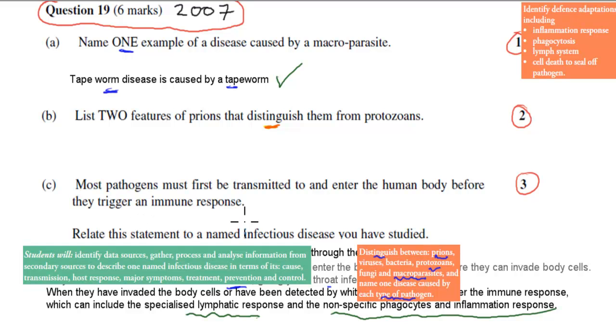And then most pathogens must be transmitted, that came from this dot point where you talk about a named infectious disease, right? Talk about its cause, its transmission, and the host response. And that's basically what this is asking. And also, a bit of it can come from this dot point as well, where you talk about the inflammation response and phagocytosis, etc. Right? Hope that was useful.